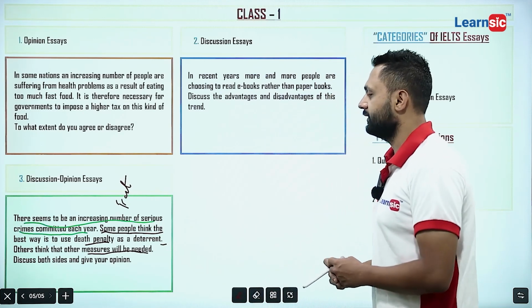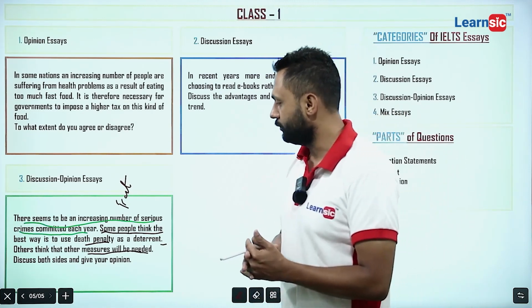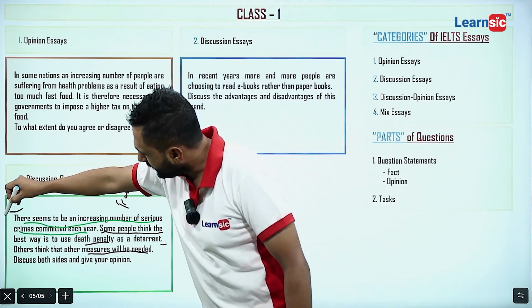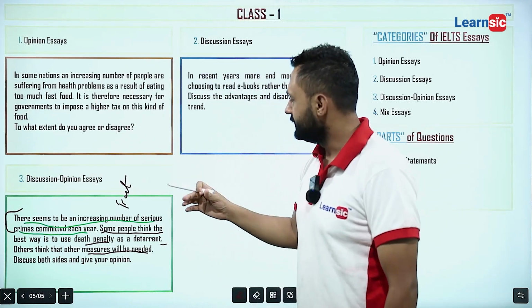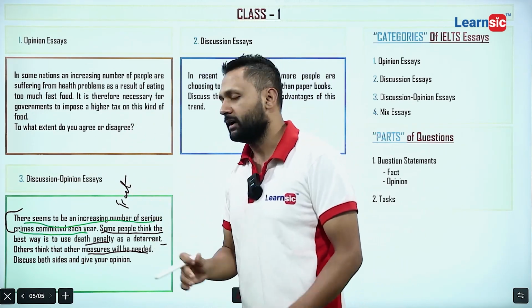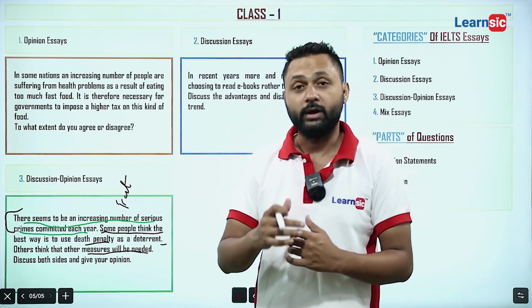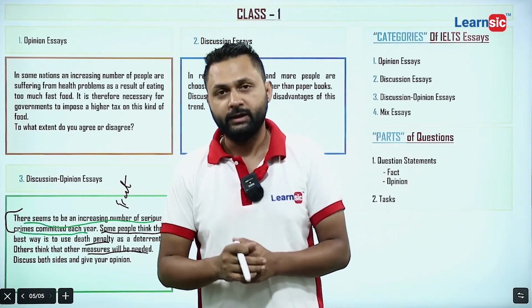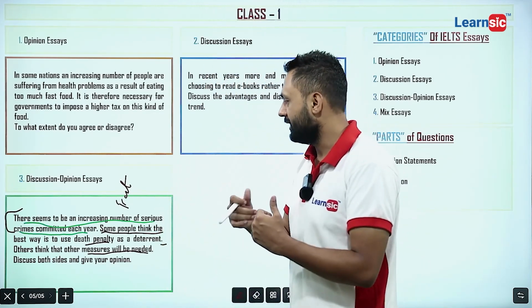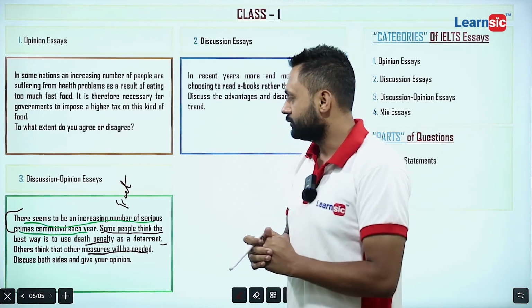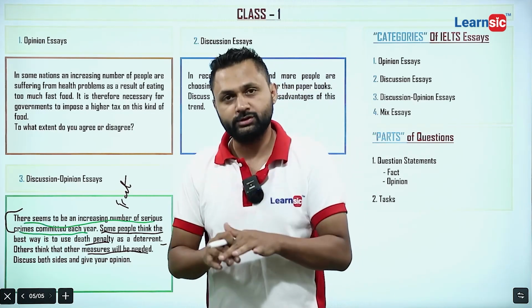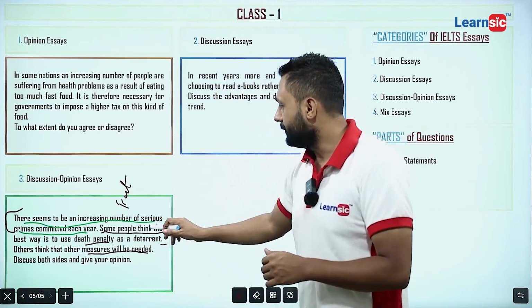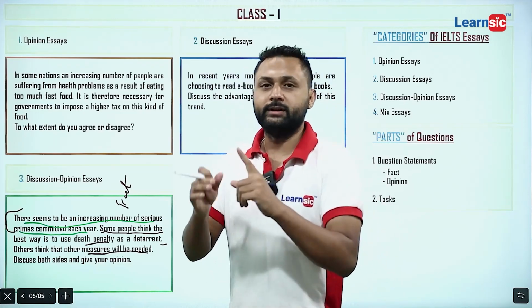So in this question, first of all, we're given a fact. The fact is an increasing number of serious crimes are committed each year, right? The number of crimes has increased, so what can be done to reduce it? Some people think that the criminal should be given the death penalty.